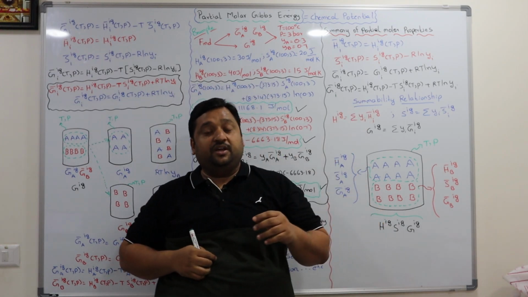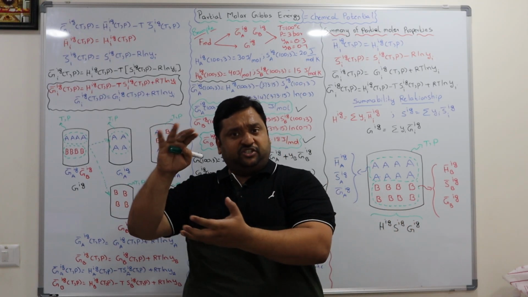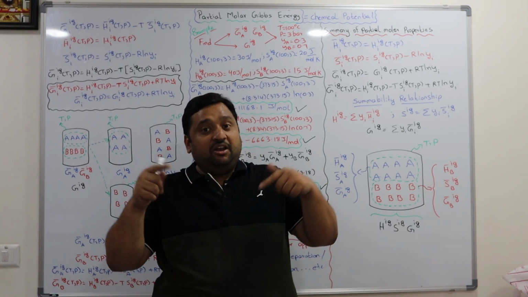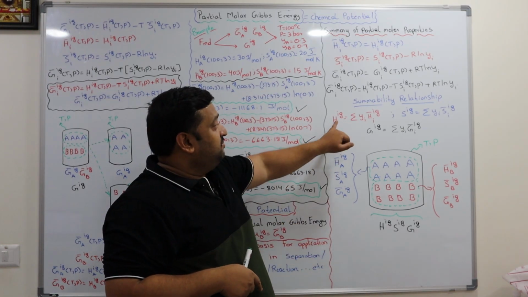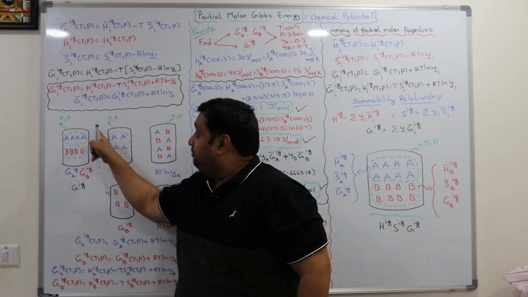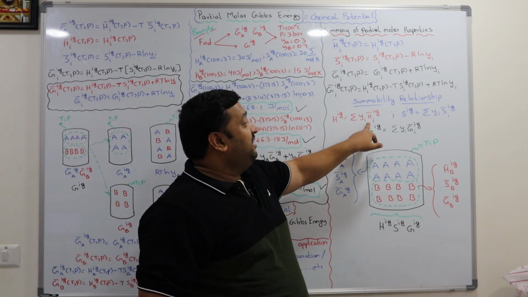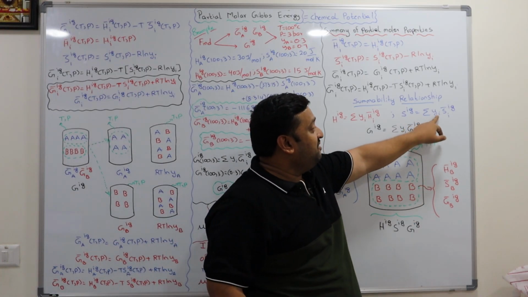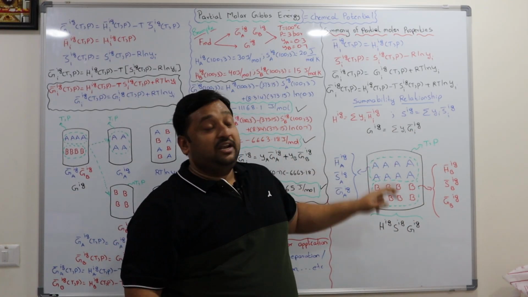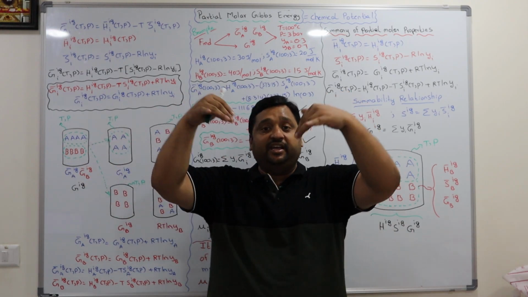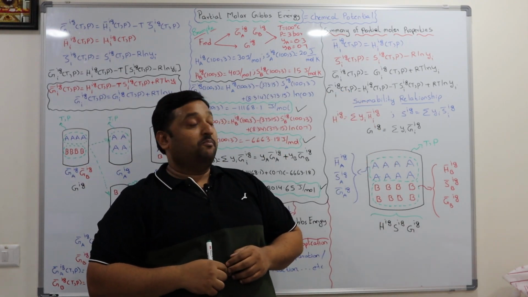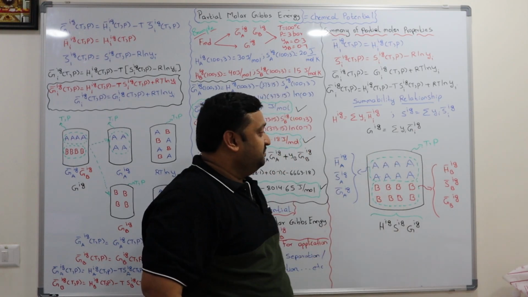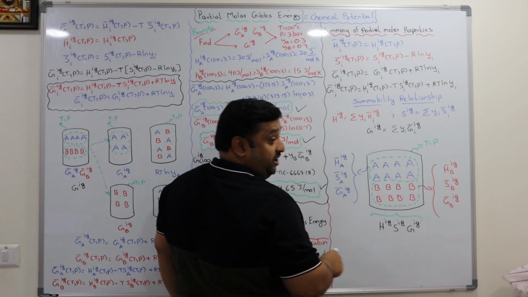Summability relationships. Ultimately, we want partial properties and the complete property. The complete property is evaluated using the summability relationship. Similarly, the total enthalpy of the mixture is nothing but sigma yi h bar i ig. The total entropy of the mixture is nothing but sigma yi s bar i ig. The total Gibbs energy of the mixture is a combination of two partial properties for the binary mixture, sigma yi g bar i ig. So this is what you have found in a glimpse.